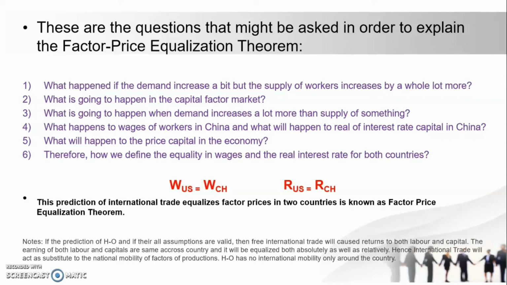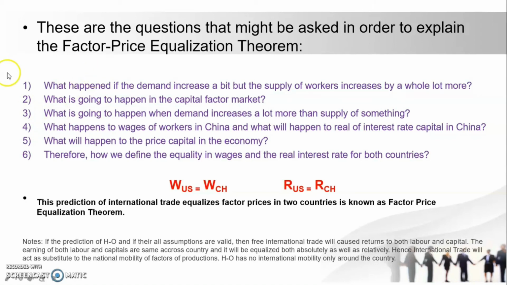On the other hand, the microchip industry in China, which is shrinking, will only be releasing a little bit of labor. So the demand for labor is going up quite a bit, while the supply of labor is going up only a little bit. So next is what happens to the wages of workers in China. The wages of workers in China will be going up.